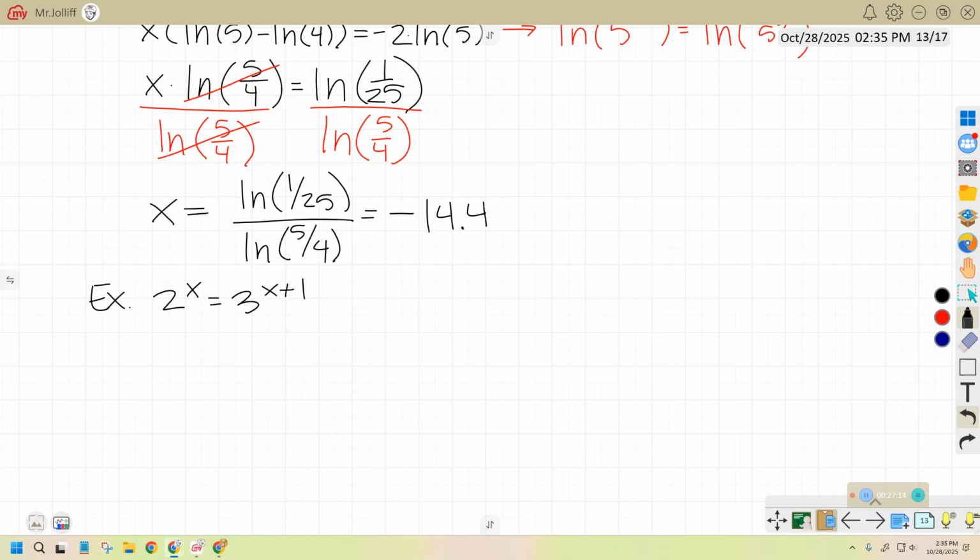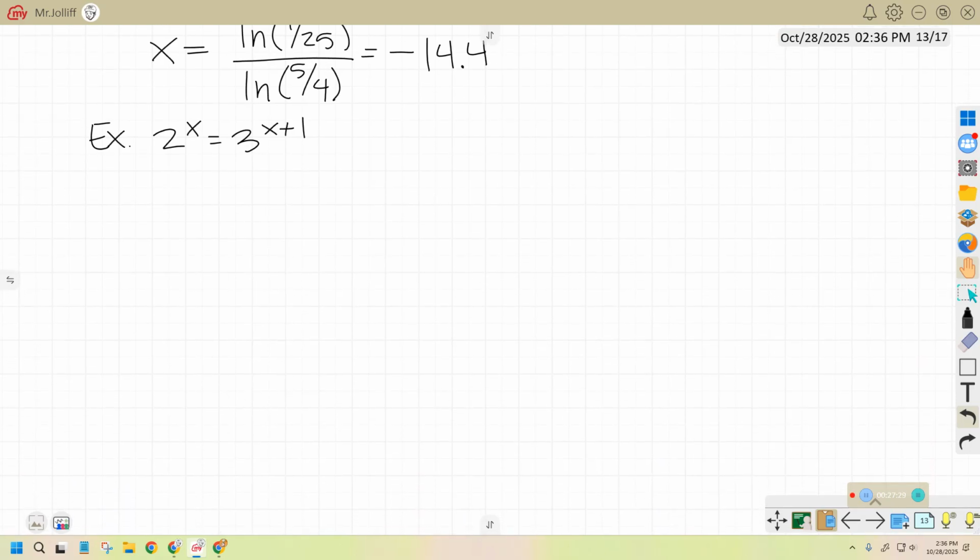All right, so we want to solve 2 to the x equals 3 to the x plus 1 for x. Yeah, no, we're doing lots of math. Yeah, that's welcome to college. All right.